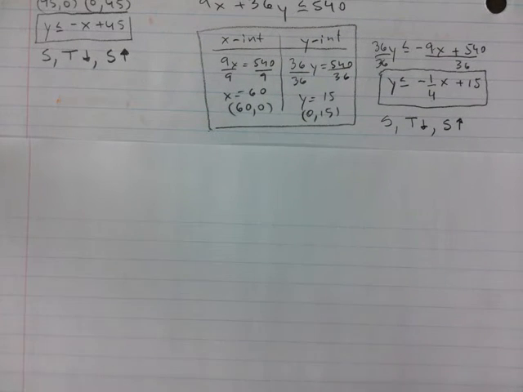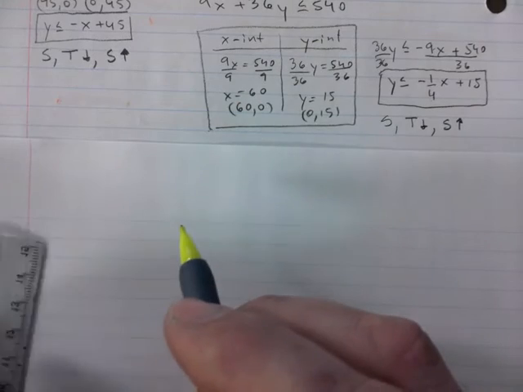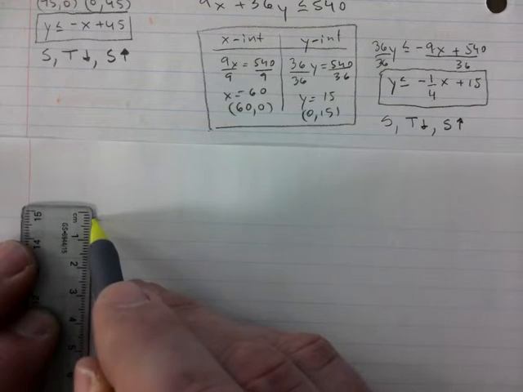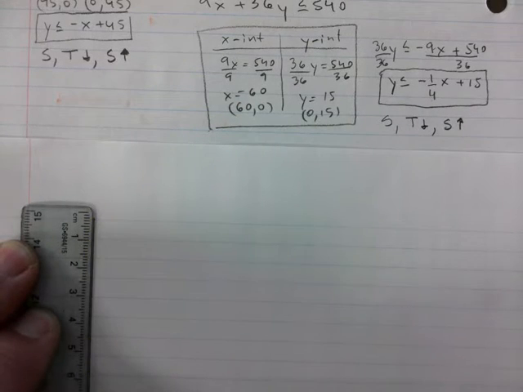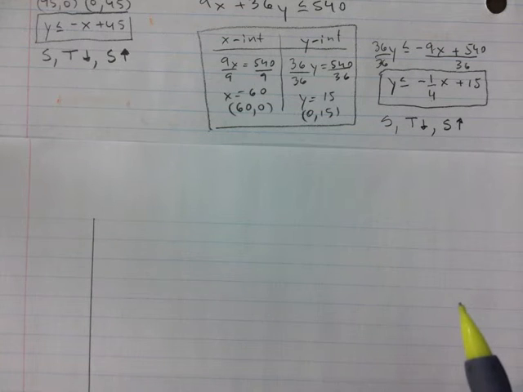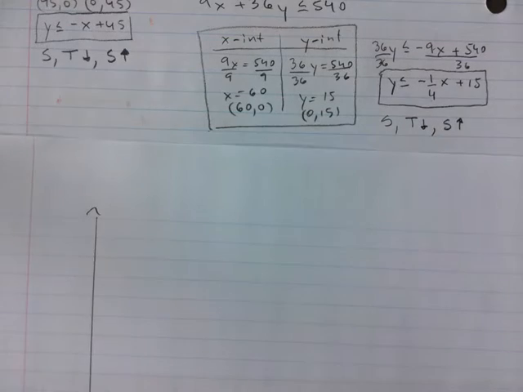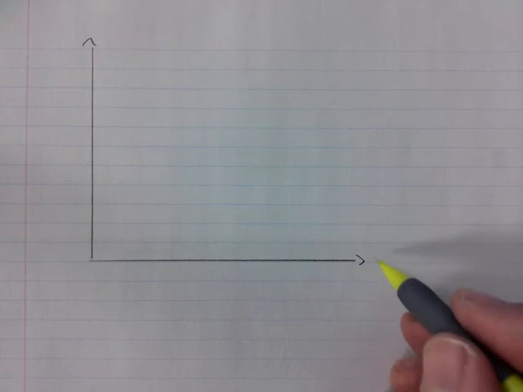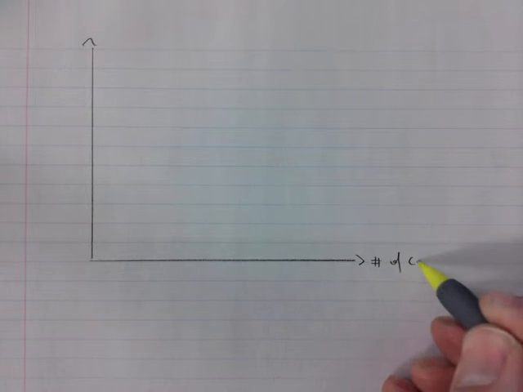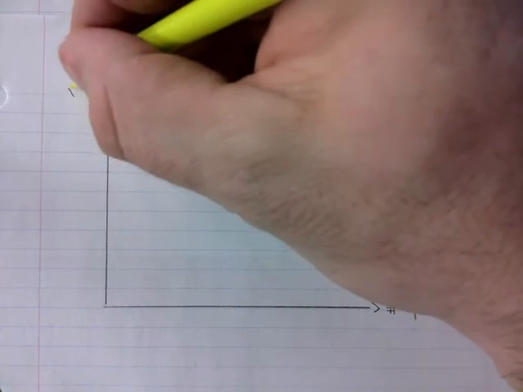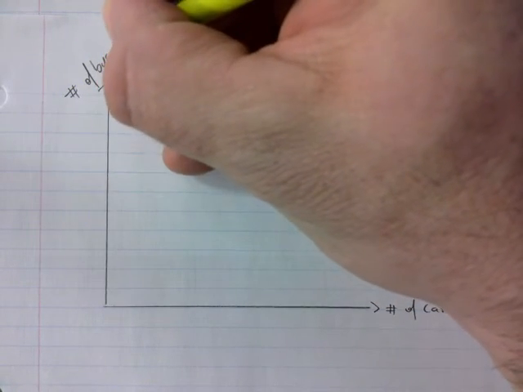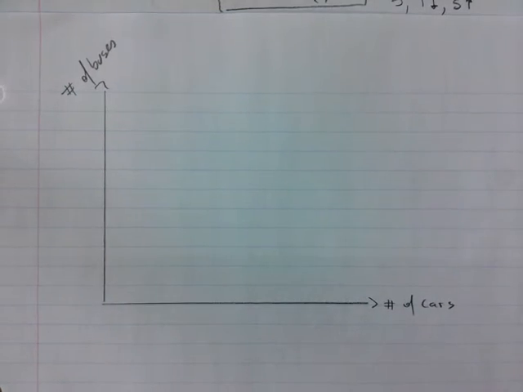I'm going to start my graph. Quadrant 1. Okay. So there's my graph, number of cars. Do that right away. Don't leave it for the end, okay? Because you're going to forget.